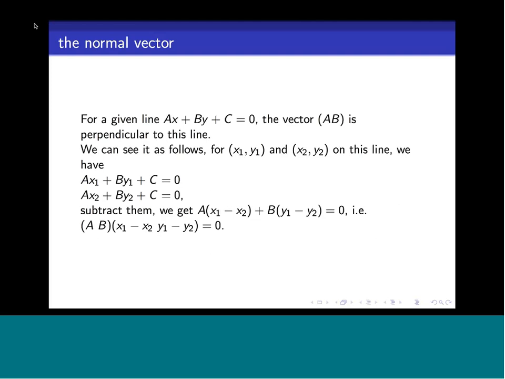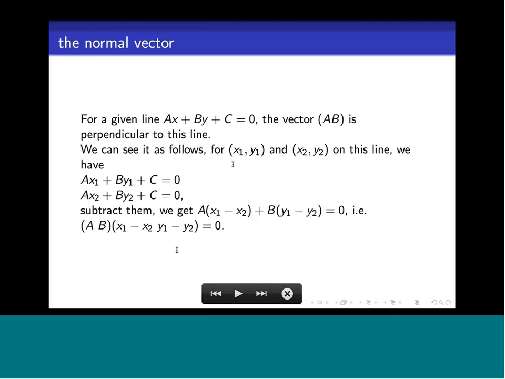The reason is, if you have two points, x1, y1 and x2, y2, on this line, the vector formed from x1, y1 to x2, y2, which is x1 minus x2, y1 minus y2, is the second part of that expression, and it is perpendicular to AB. So this is the line direction, you see it? This vector is the direction of the line.